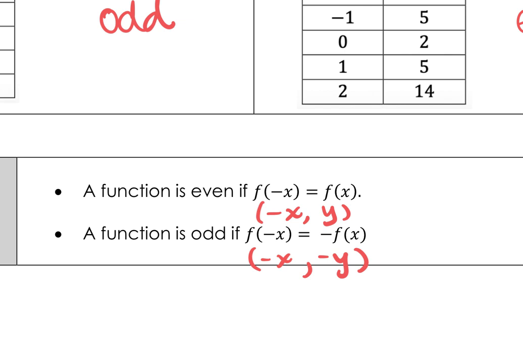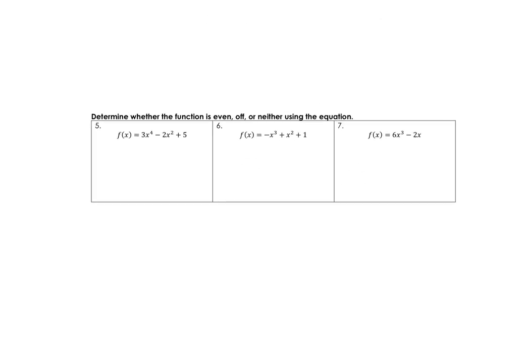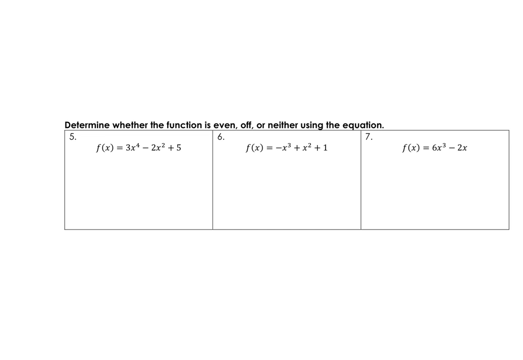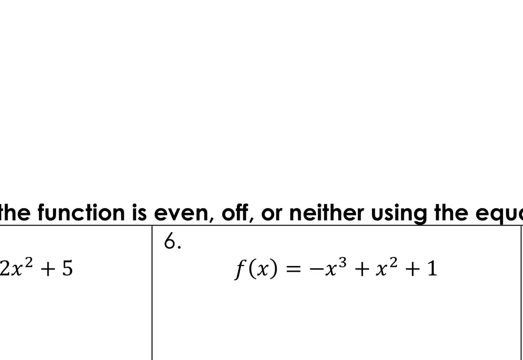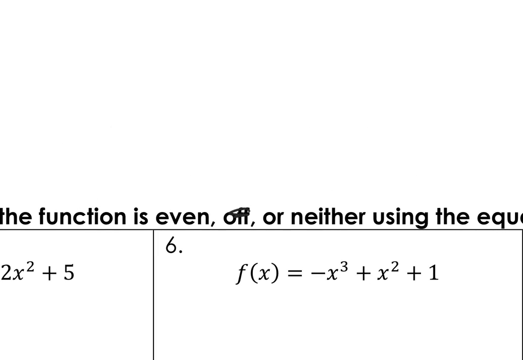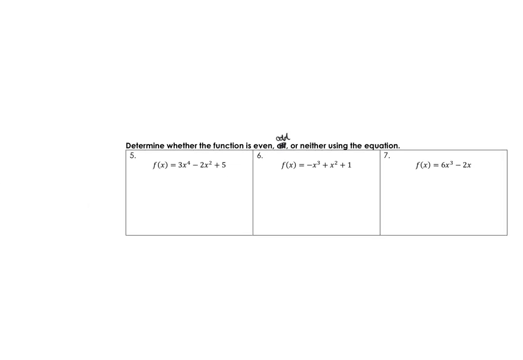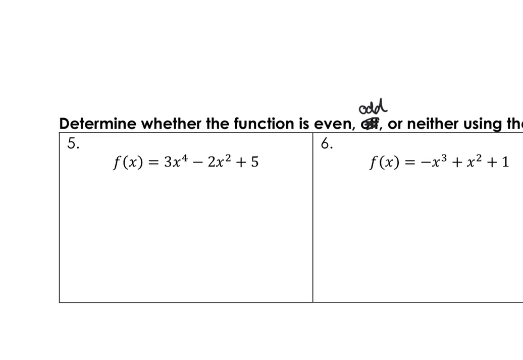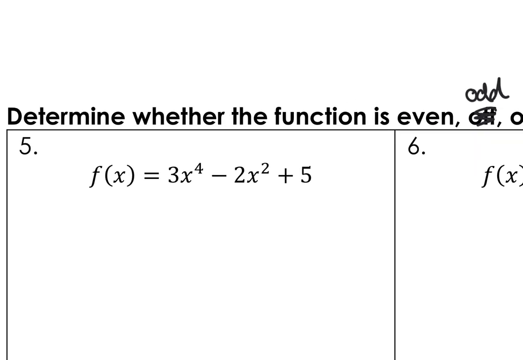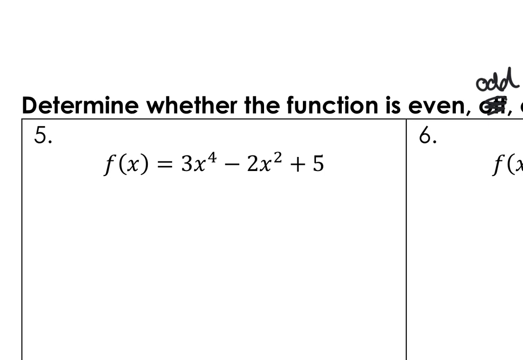All right. So we've got 3 here that we're going to practice, and a typo. We're determining whether the function is even, not off, but odd. Apologize for that, or neither. So our original function f of x is equal to 3x to the 4th minus 2x squared plus 5.